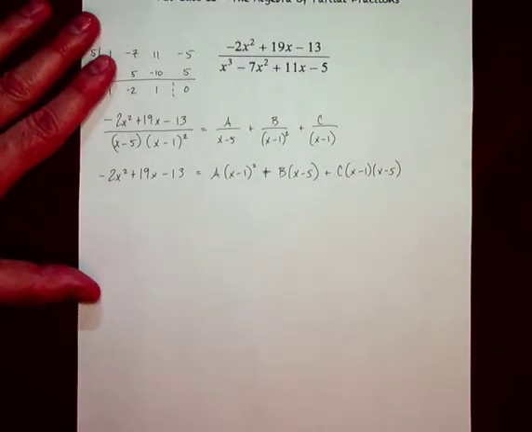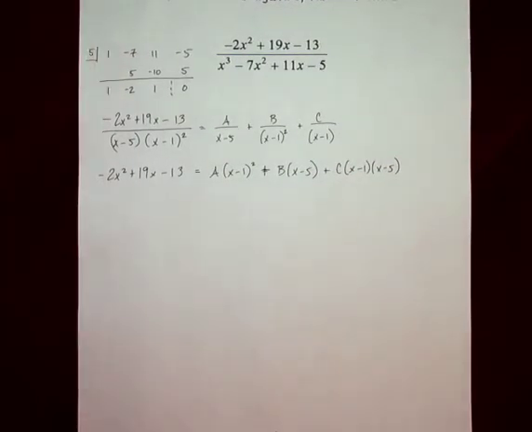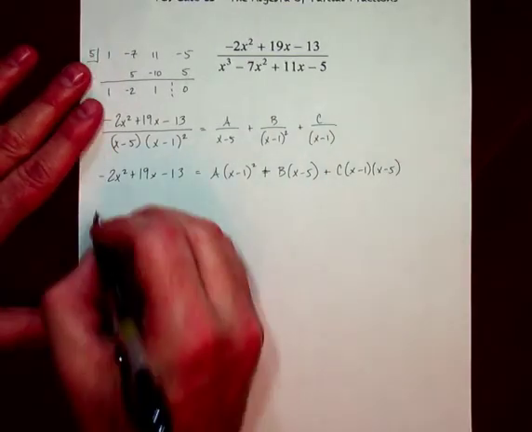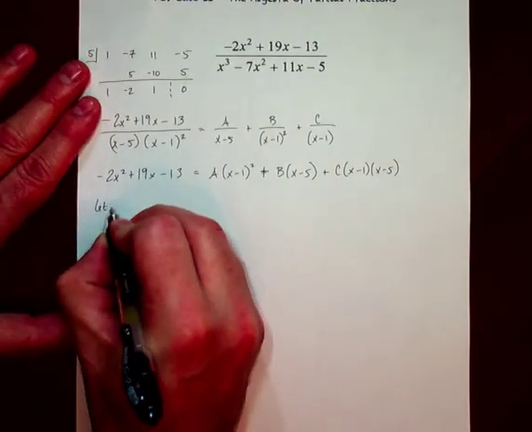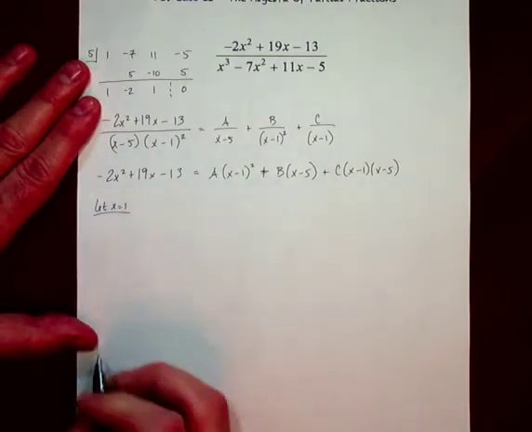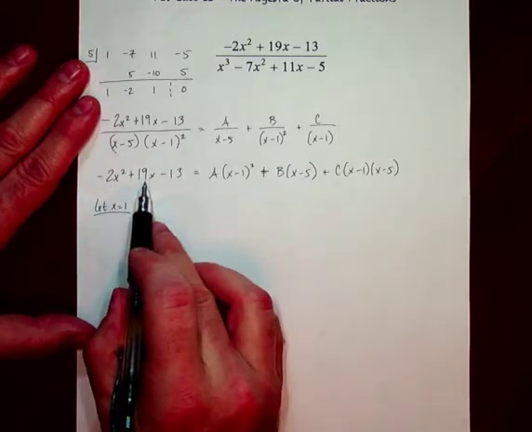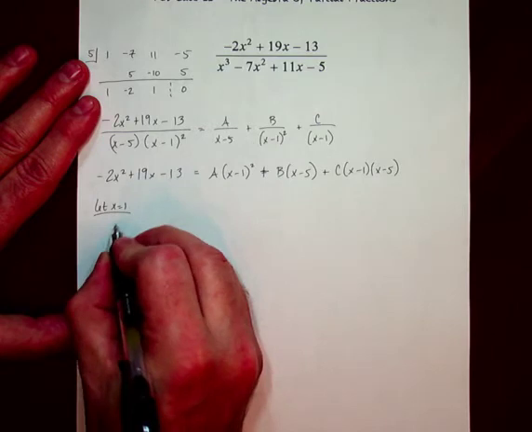Okay, well, I only have 2 convenient values to plug in by the Heaviside method, but I have 3 variables. Well, let's actually figure out the ones that we can figure out first, and then we'll deal with the one that's left over. So if we let x equal 1, that's going to be -2 plus 19, which is positive 17, minus 13, which is 4.